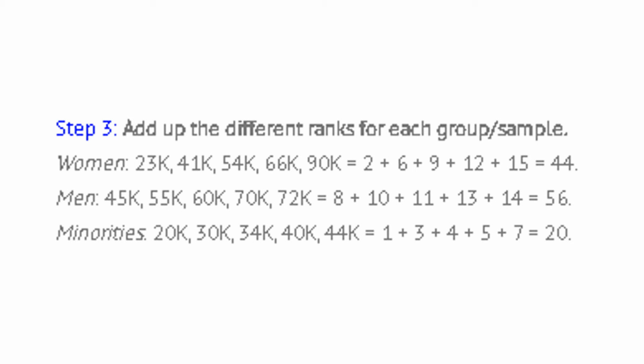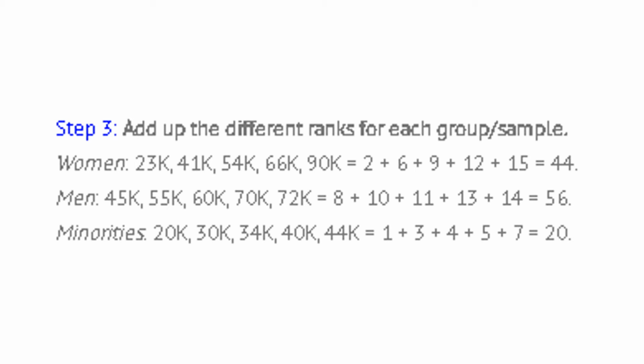Then add up the ranks for each group. There are three groups, or three categories, right? Women, men and minorities. So you add up the ranks. For women, 5 women are there, and their observations are 23,000, 41,000, 54,000, 66,000 and 90,000.